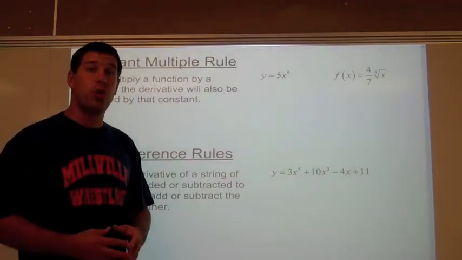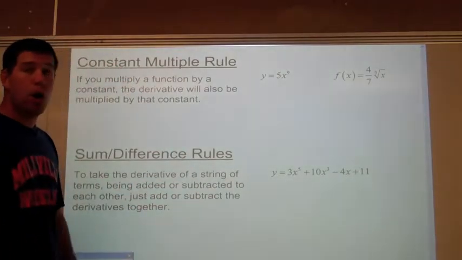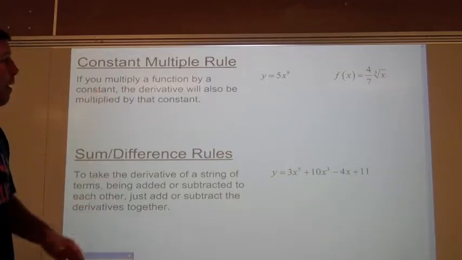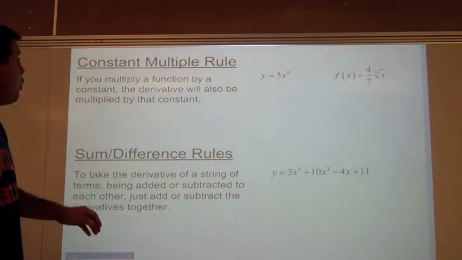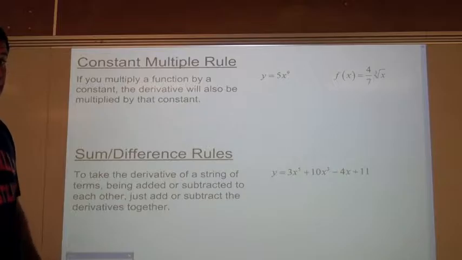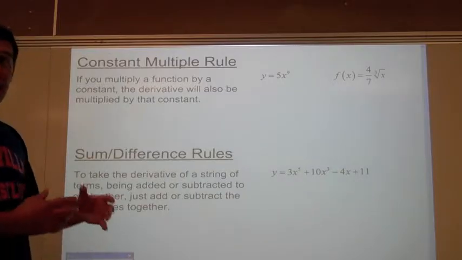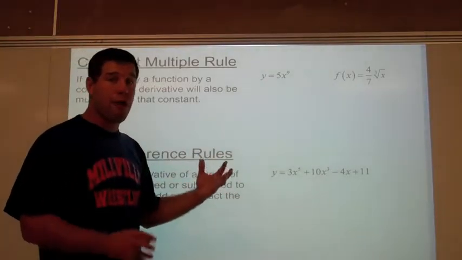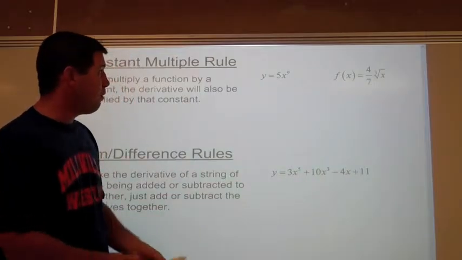Next, two fairly intuitive rules. First one is the constant multiple rule. If you multiply a function by a constant, the derivative will also be multiplied by that constant. So you take the derivative as normal, and if there's a constant out front, you just multiply that by the derivative.